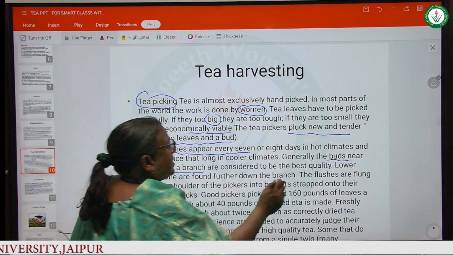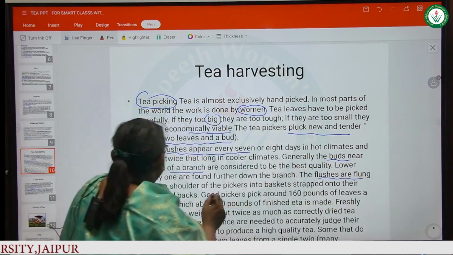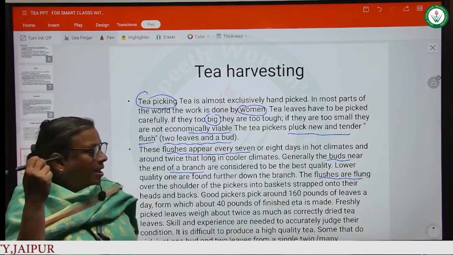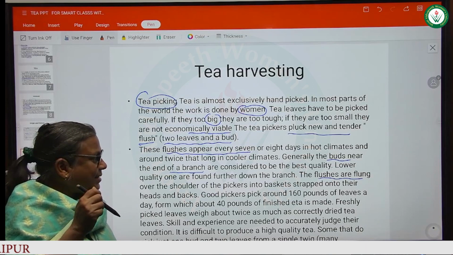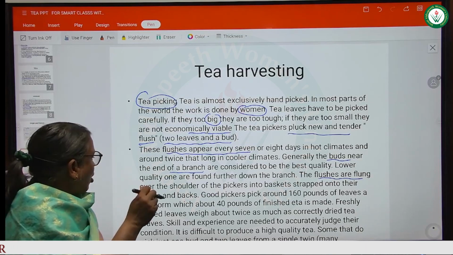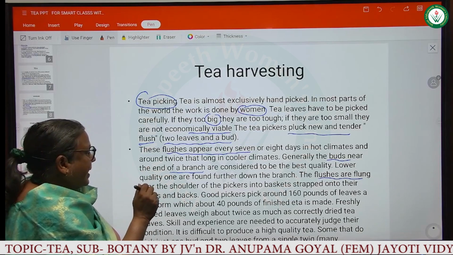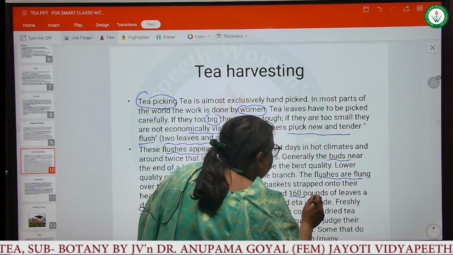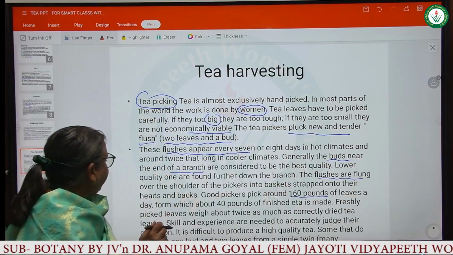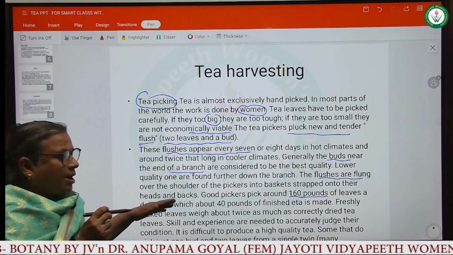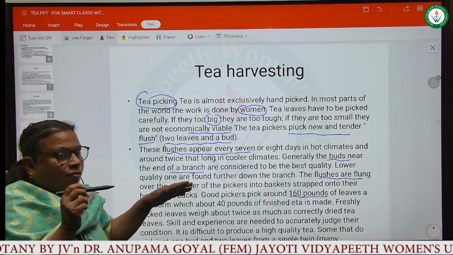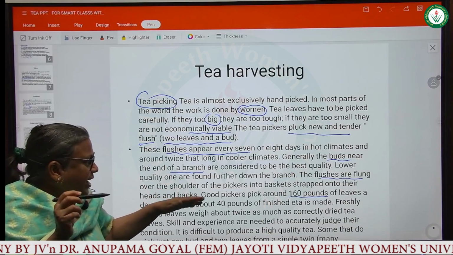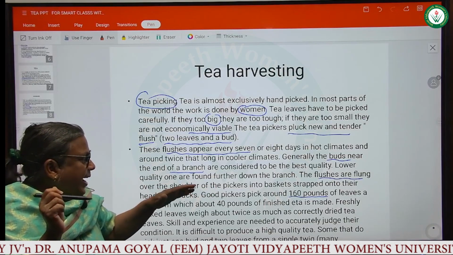The flushes are flung over the shoulder of the pickers into the baskets strapped onto their heads and backs. Good pickers pick around 160 pounds of leaves a day, from which about 40 pounds of finished tea is made.